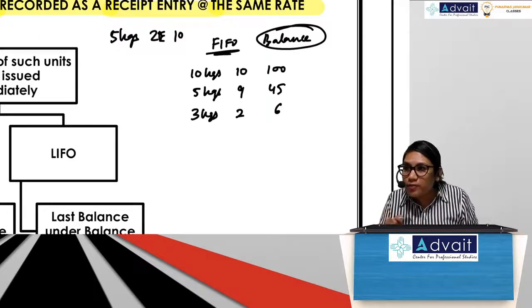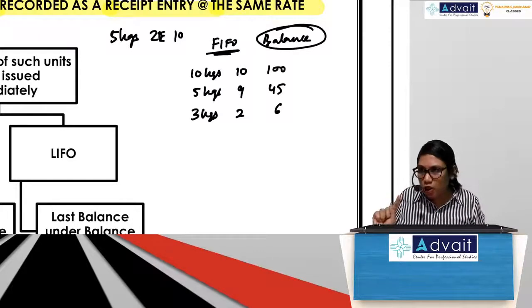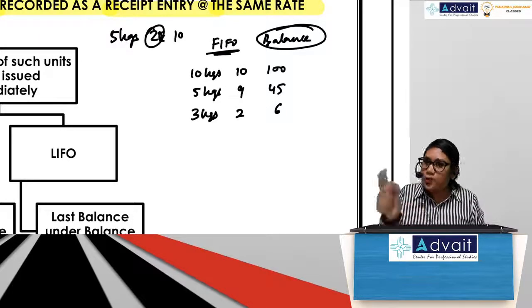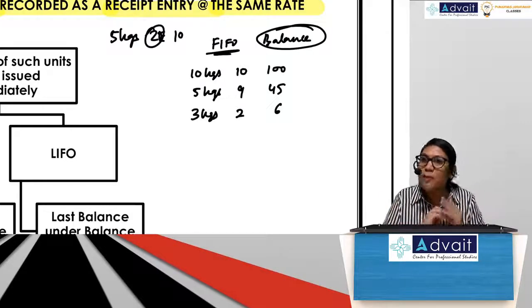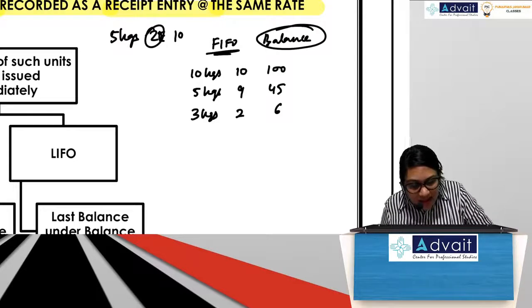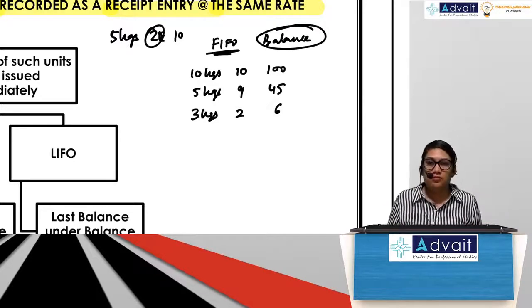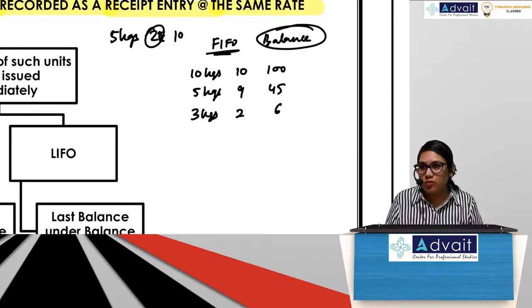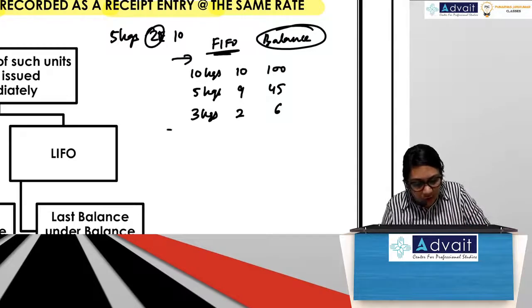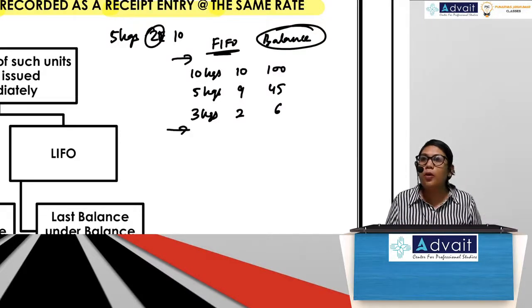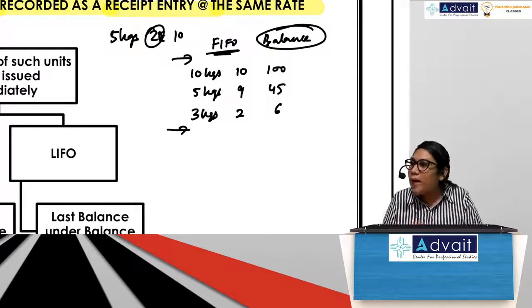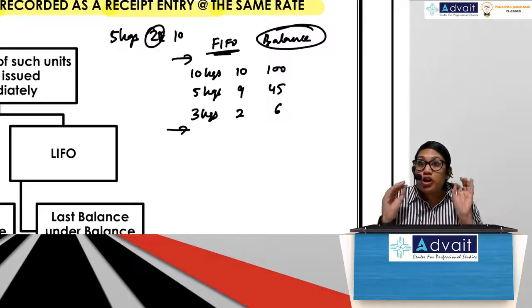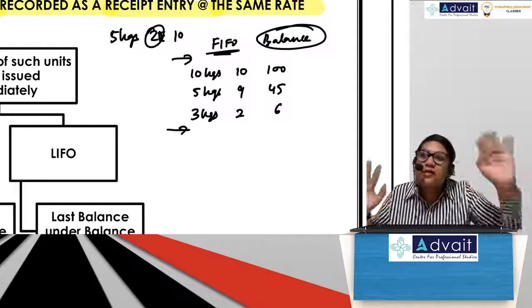So what did you tell me? That you will record it under the receipt column. You will record it at 2 rupees because this was the same rate at which it was issued. You have shown the balance also. But now in this balance column, where will you place it? Now you are following FIFO. Will you place it here or will you place it here? Top or bottom? So thumb rule: when the production department is sending the material back, your duty is to remove it as fast as possible.